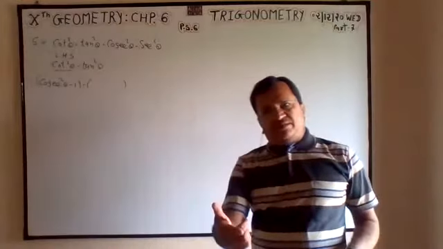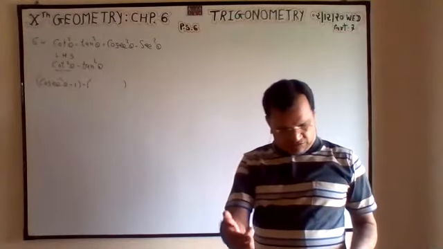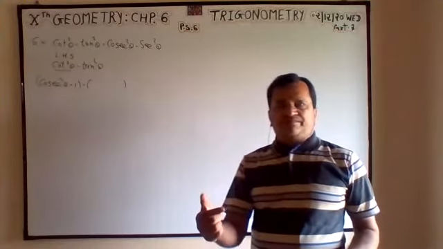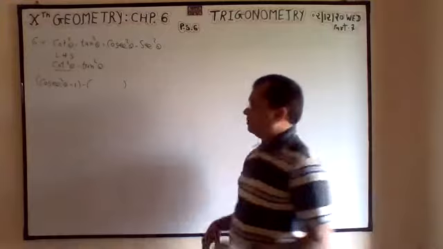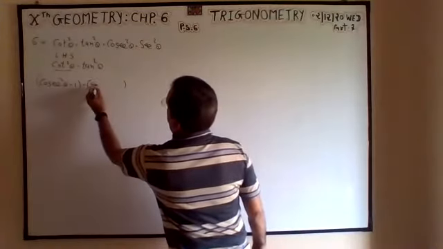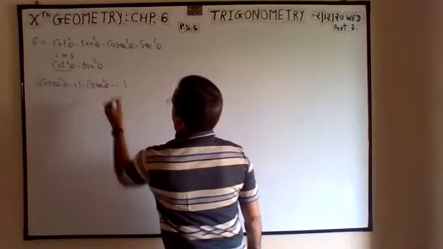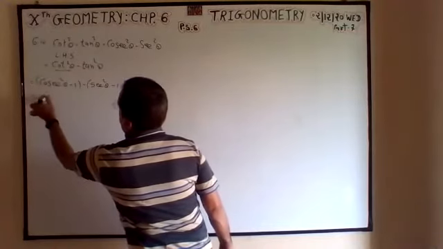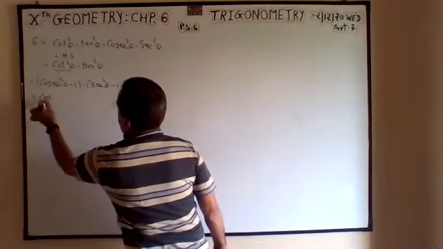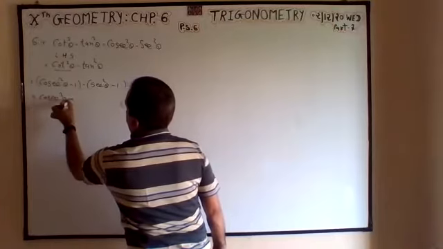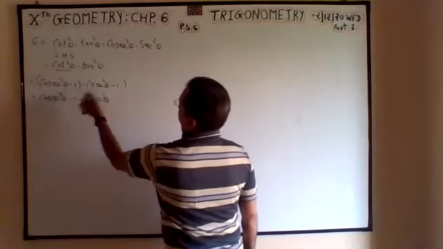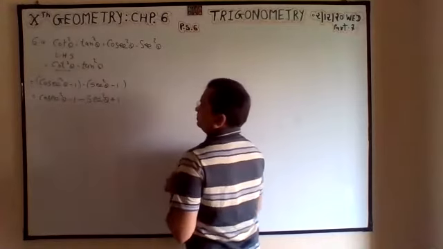1 plus tan square is equal to sec square. So tan square is equal to sec square minus 1. Now open the bracket. Minus, minus plus.